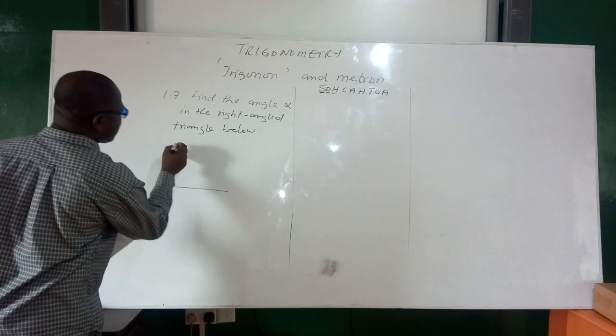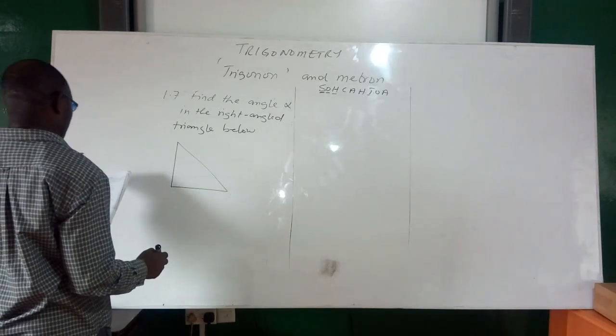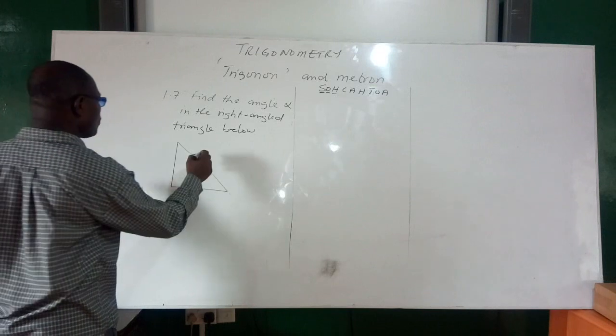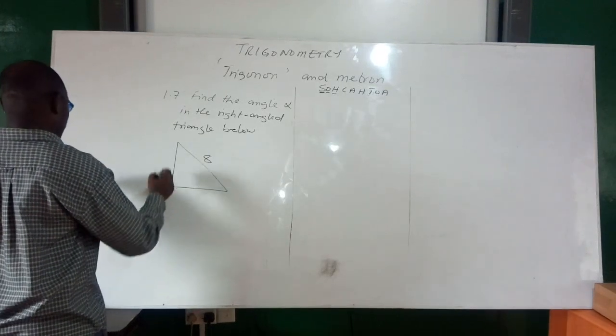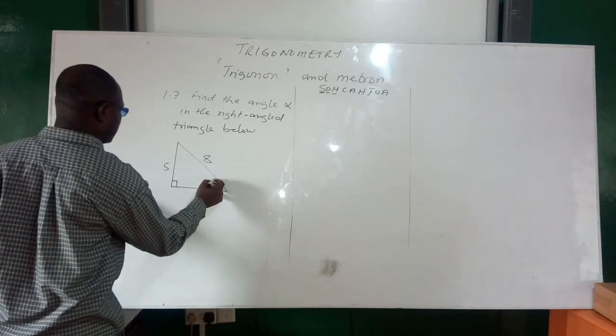This is the figure. We have 8 here, and we have 5. This is the right angle triangle, and this is alpha.